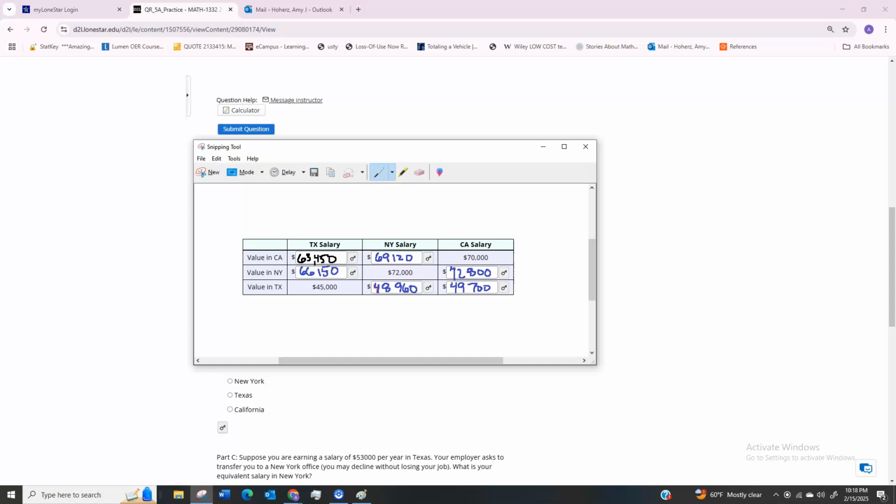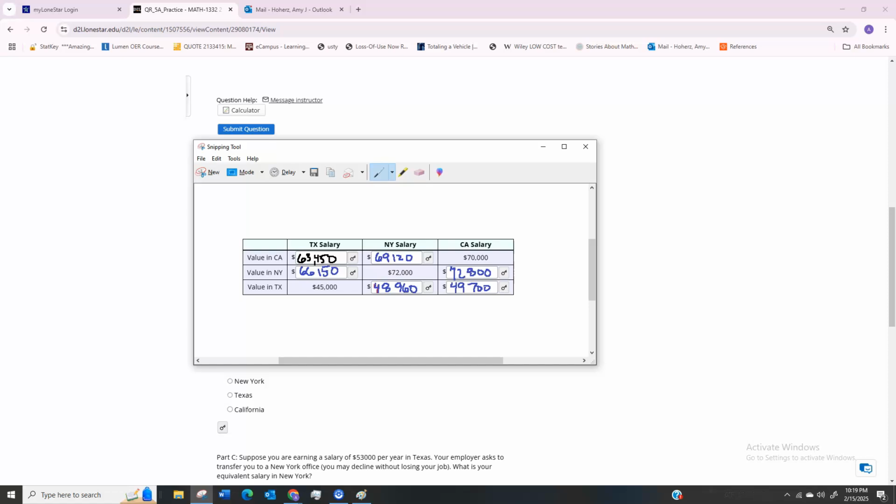And then again, if you look at New York, New York, New York, this $45,000 in Texas is $66,150 in New York. The New York job was $72,000, and then the California salary in New York was $72,800. So again, out of all of these, it's the California salary. It's this column that's getting the biggest numbers as you compare across.